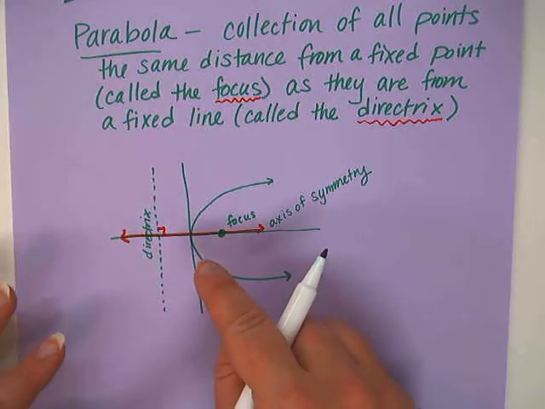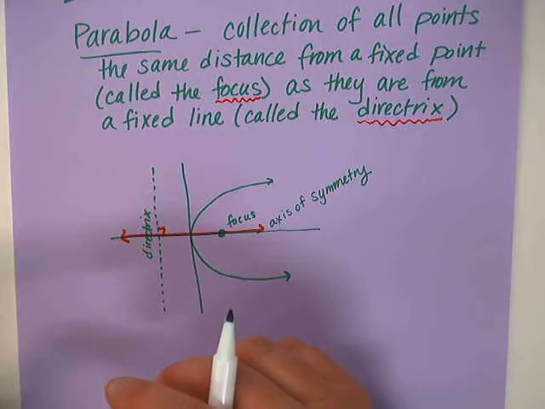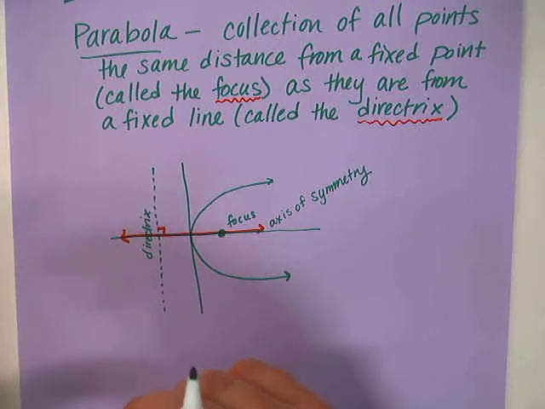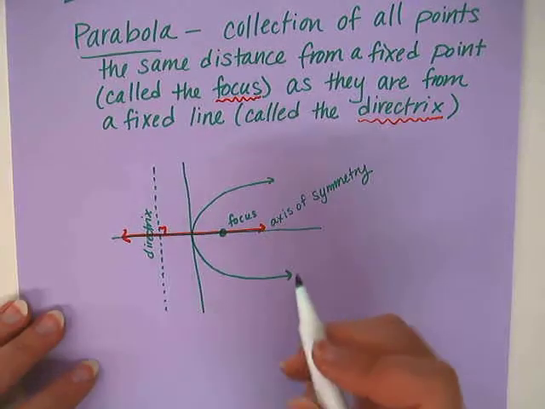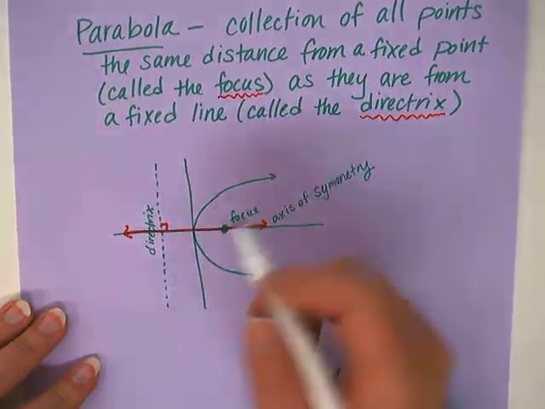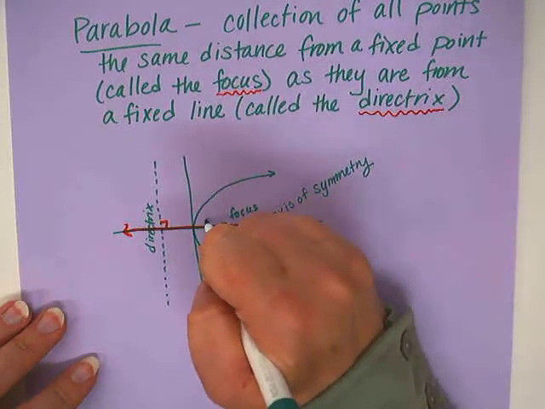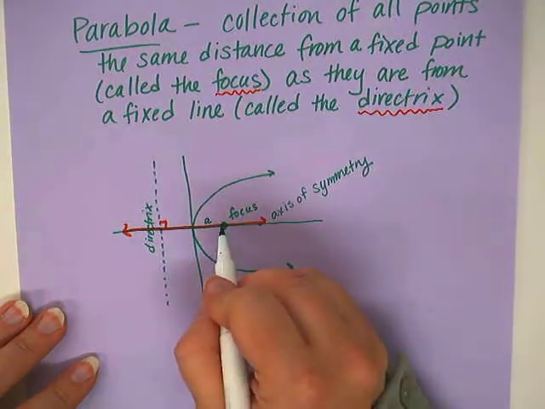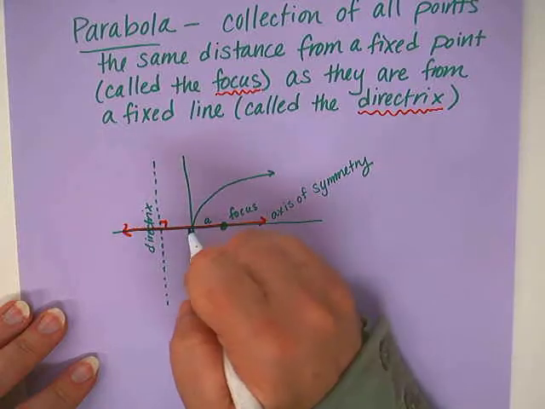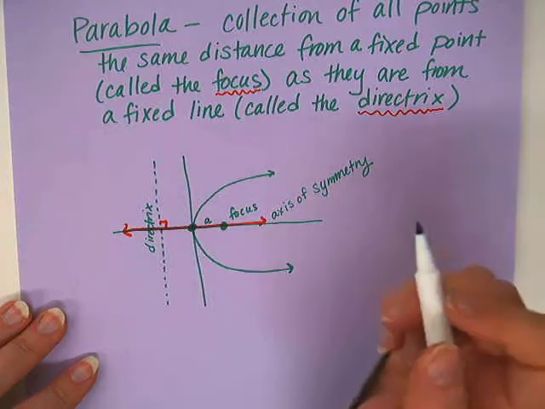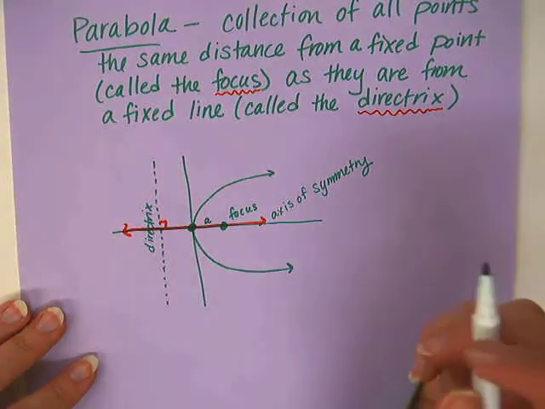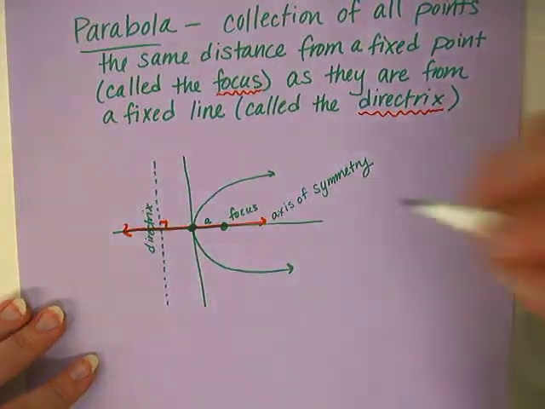Alright, then we are going to be using a variable that we will refer to as a in the formula I'm going to give you. And a is the distance right here on the axis of symmetry from the focus to the, what's this point right here called? Vertex. Good job.